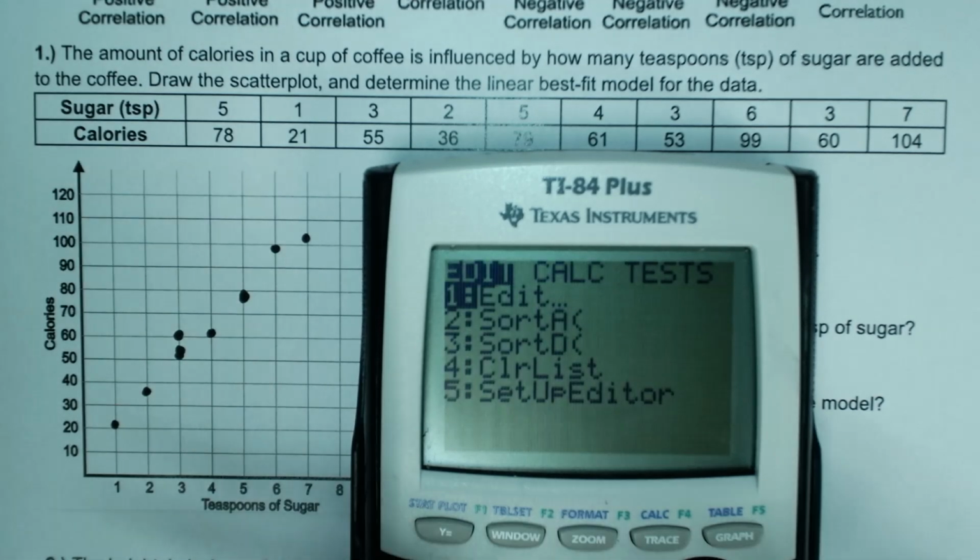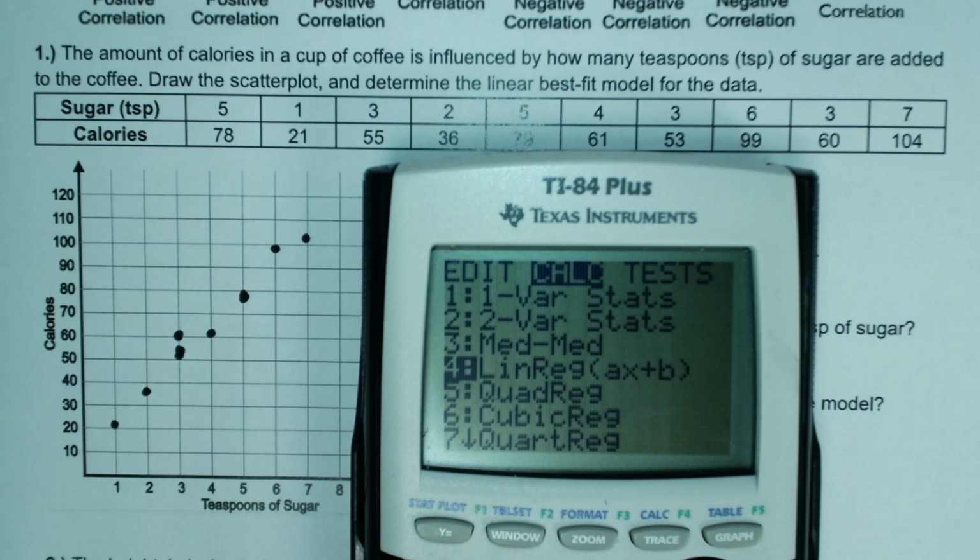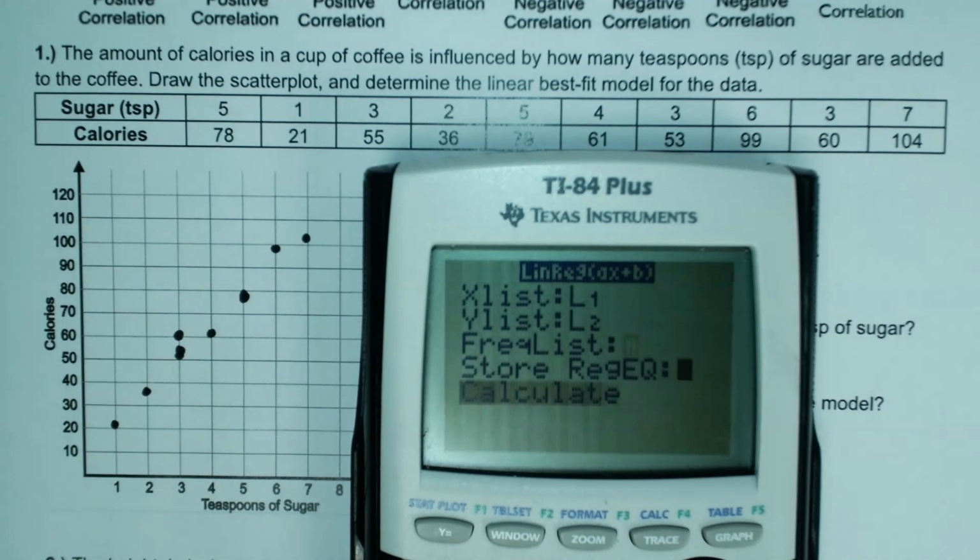Then stat, calc, fourth option. You can also just press the number 4 to automatically select it.